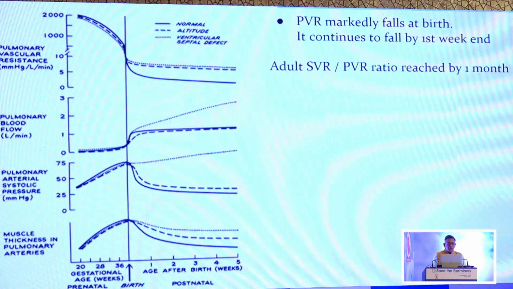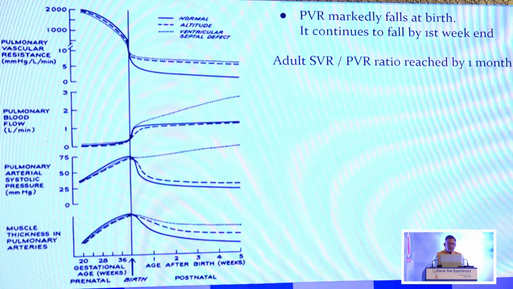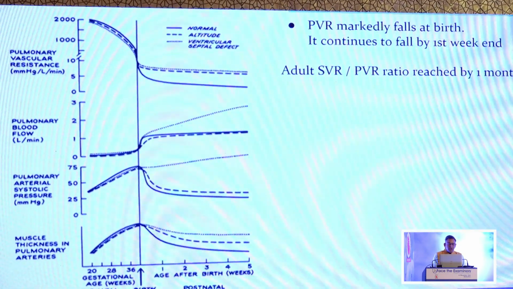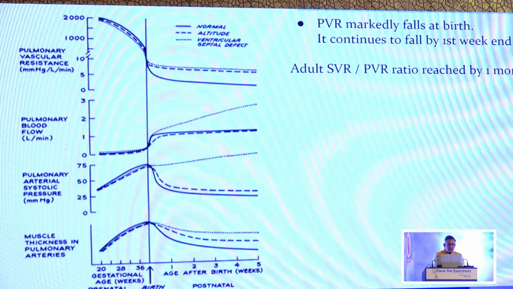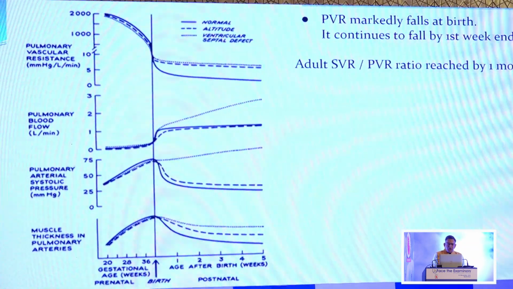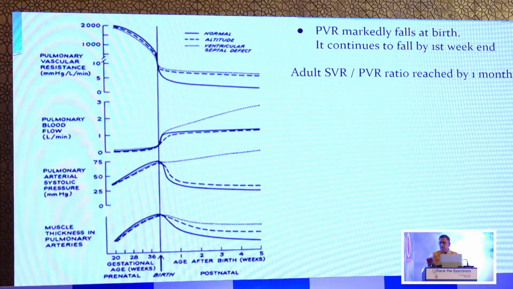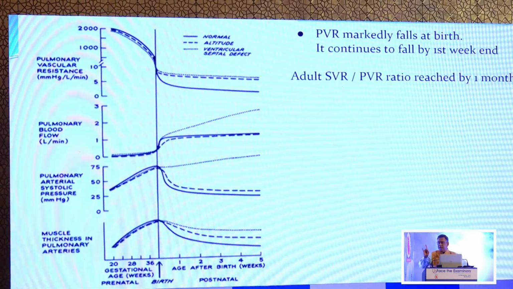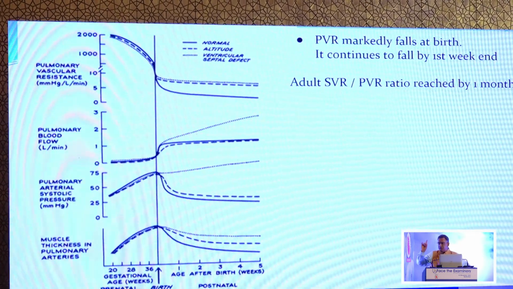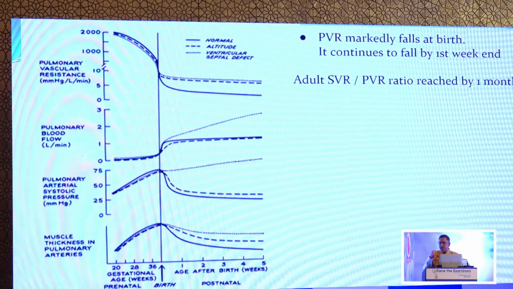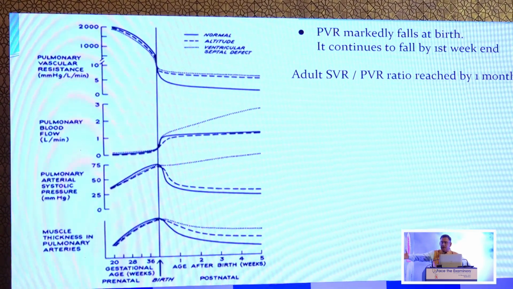Now, PVR, first one, markedly falls at birth. See here, it has fallen here, but continues to fall for 1 more week, and continues to fall even further for 4 to 5 weeks. Why is this happening? Because the fluid that was there in the collapsed bronchus or the airway is not immediately absorbed.